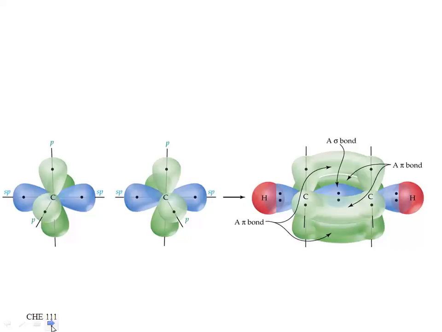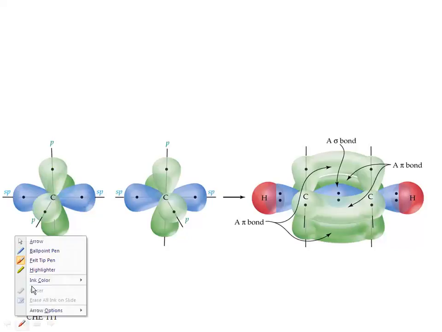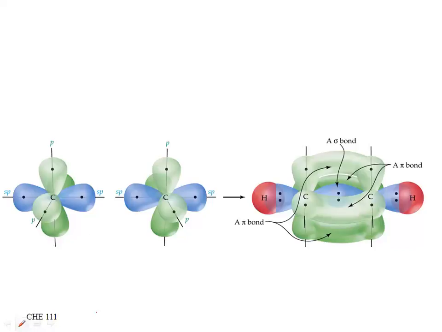So if you take a look at it, notice that it is labeled: here's an sp orbital, here's an sp orbital, here's one p orbital, and then there's another p orbital. And so actually, let's do this with color. Not that you guys are writing or taking notes, but if you ever watch the lecture, notice that, for instance, the red, even though it's in 2 places, that represents 1 p orbital.